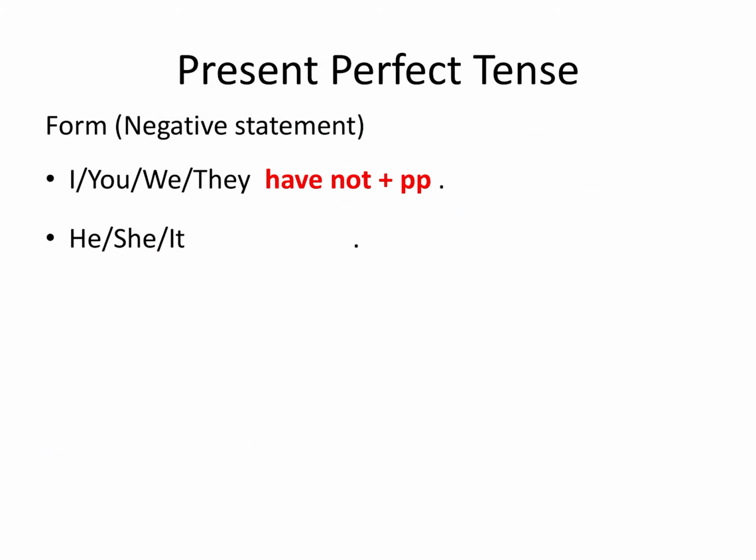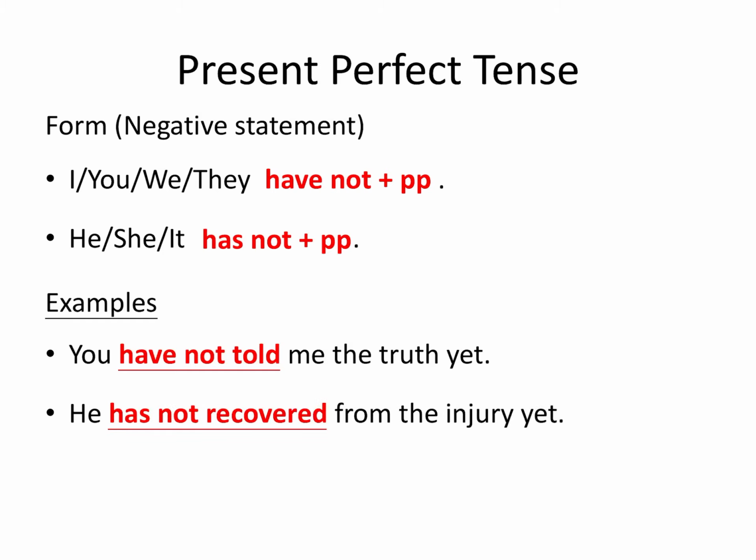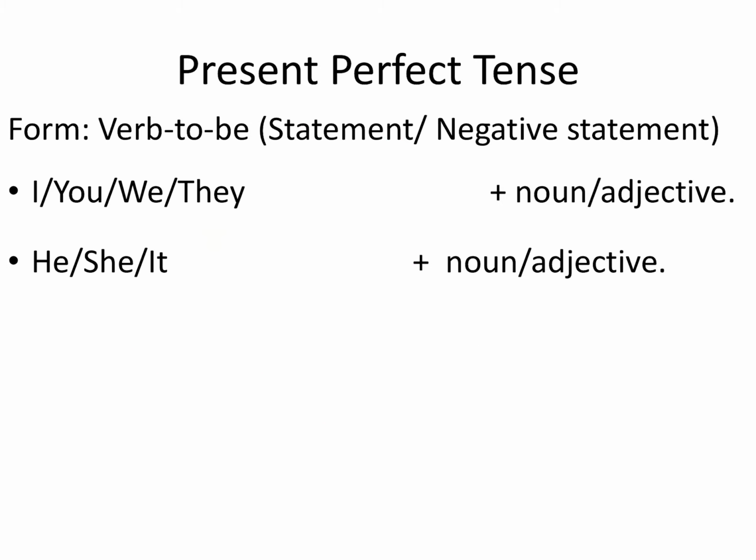Similar to questions, when it is a negative statement, we just add not in between the present perfect verb, such that have or has not plus PP. Examples: you have not told me the truth yet. He has not recovered from the injury yet.